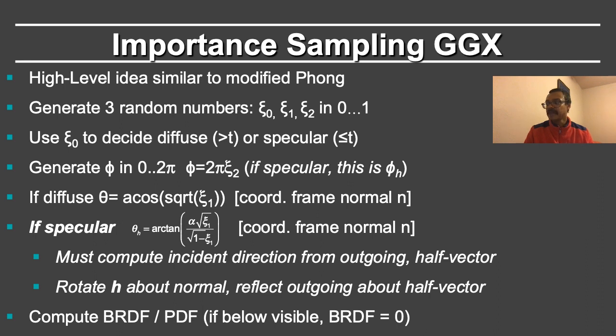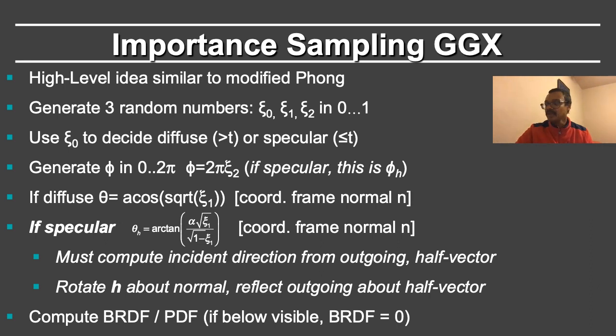If specular, this corresponds to the phi with respect to the half vector direction. Now you come to the specular component or the diffuse component for xi1. Theta, if it's diffuse, will just be given, as earlier, as arc cosine of the square root of xi1.